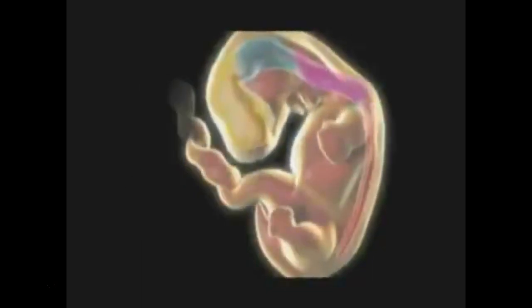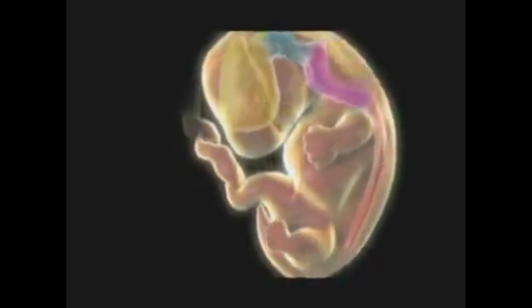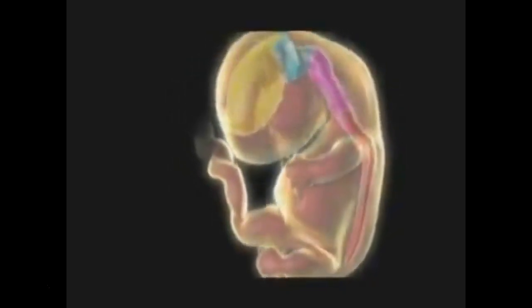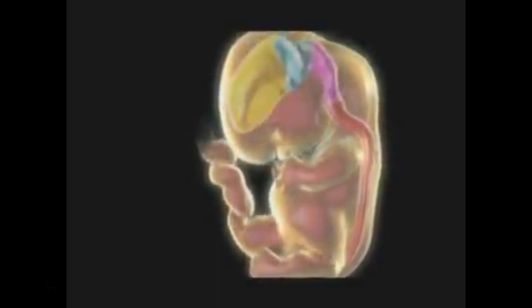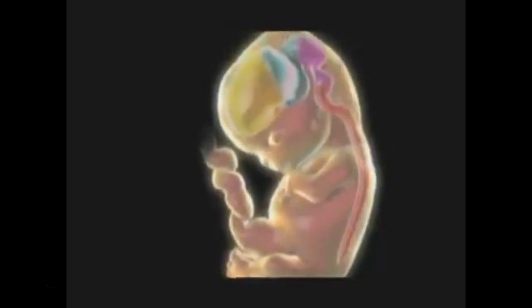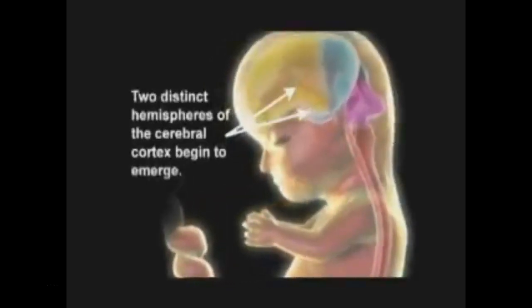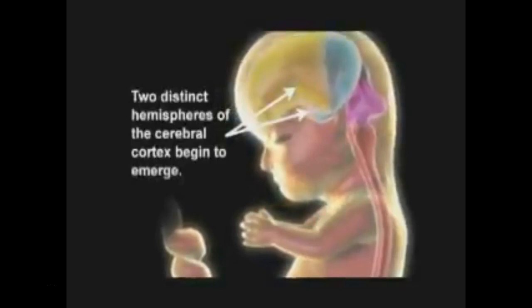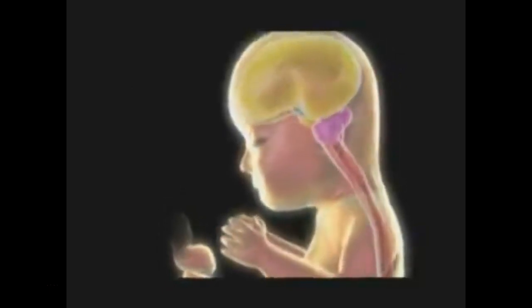Between weeks 4 and 8, the embryo grows rapidly and the face becomes recognizably human. The eyes at the side of the head begin to migrate forward, and two distinct hemispheres of the cerebral cortex emerge. Between weeks 8 and 26 of the fetal stage, the cerebral cortex grows to cover the midbrain. By week 28, a major structural change begins.